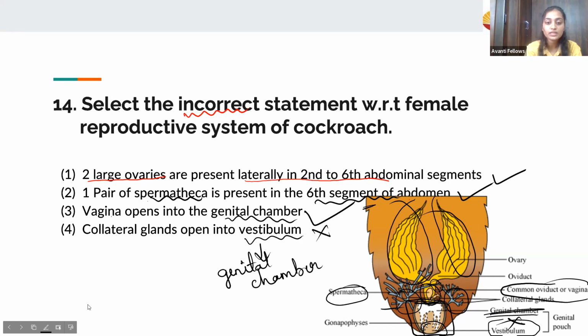So this statement is wrong. The correct option for this question is option number 4. Yes, so let's move on to the next question.